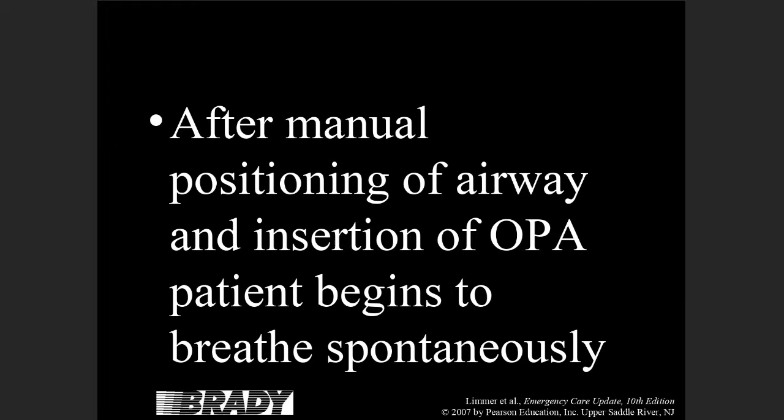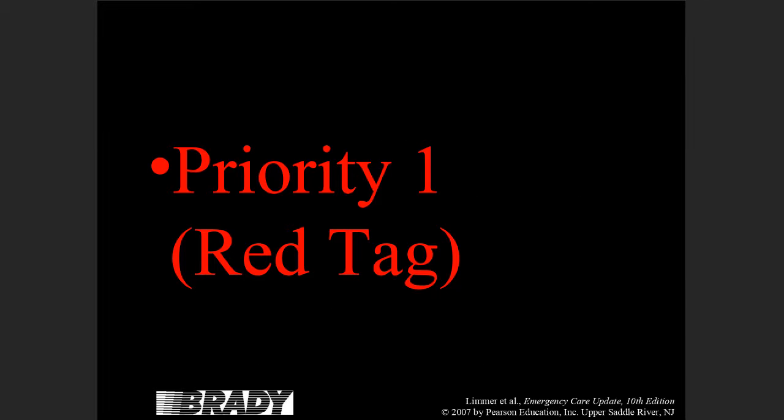Pull the OPA out? So let's think about this. If somebody actually lets you put an OPA in them, is their mental status good? No. So we can probably safely say that this person is a priority 1 red tag, can we not? Yeah.